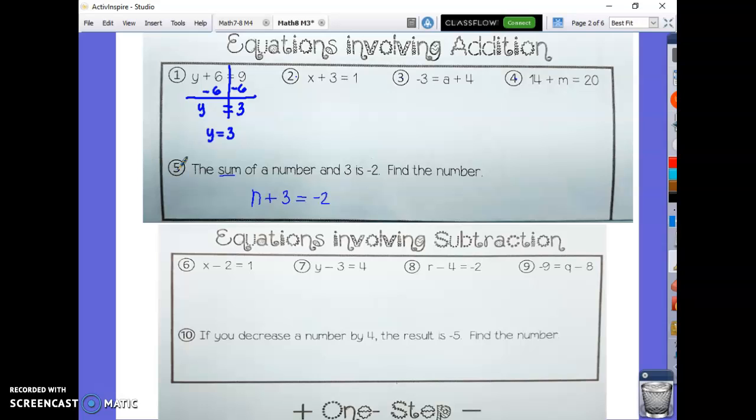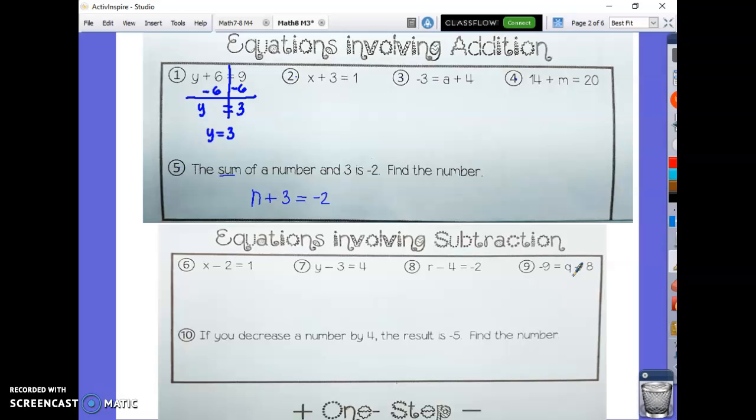Equations involving subtraction right down here, right underneath it. The same exact thing as we did over here. Let's change this up. I'll do number 9 so you guys can see how these work. Negative 9 is equal to q minus 8, I believe. Okay, so again, we're going to do the same thing.